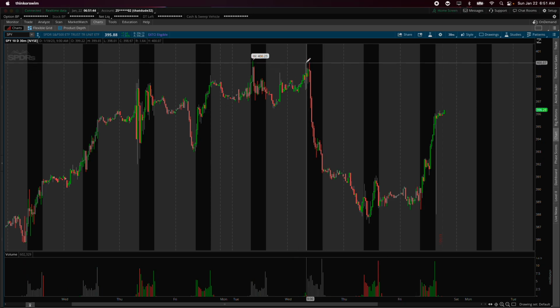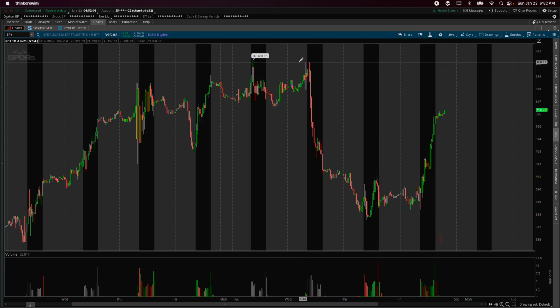For a supply zone, which would be an area where a sell-off happened, or a demand zone, where there was aggressive buying happening out of it, we'll start with the supply.